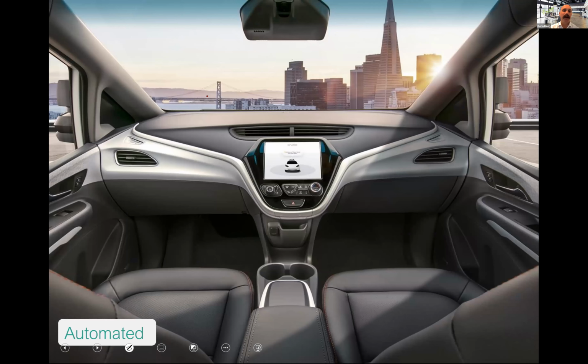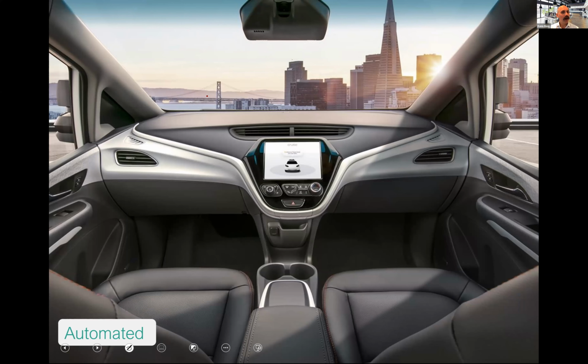It doesn't require the fallible human. I mean, we saw 94% of crash causation is human error. So if we could get the human out of this, we've got a big win, don't we? And everybody's happy with that, excited.